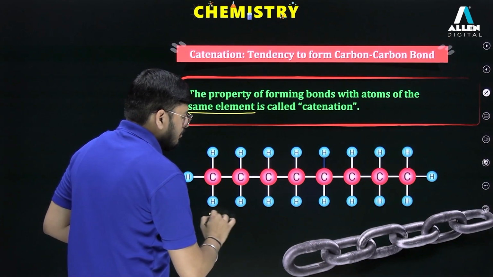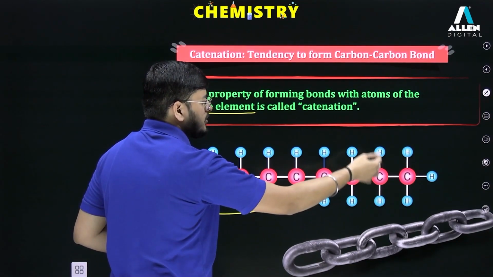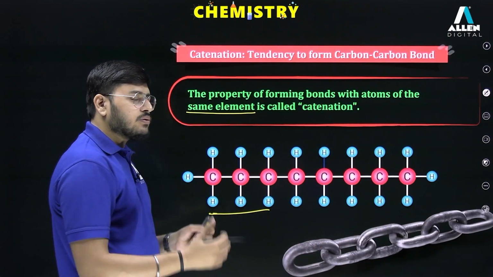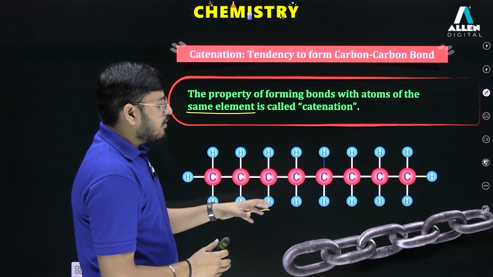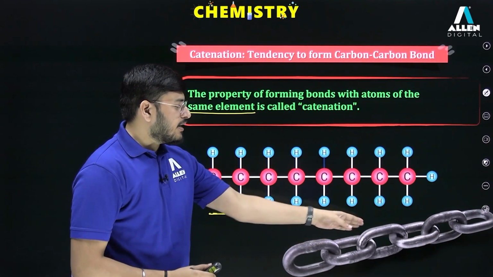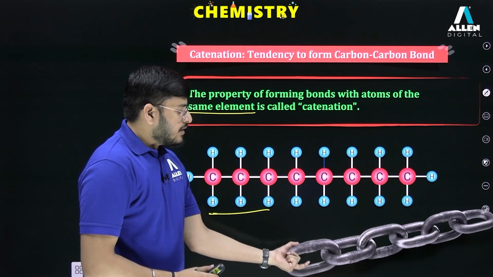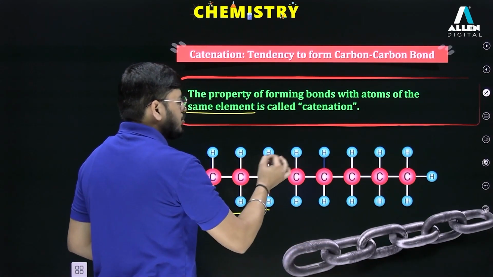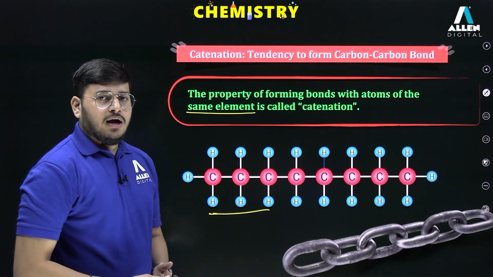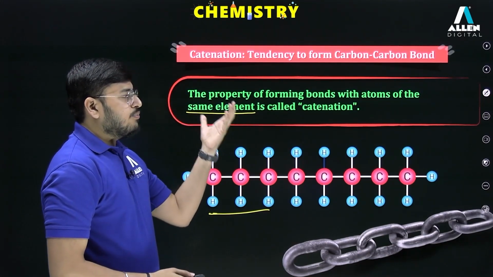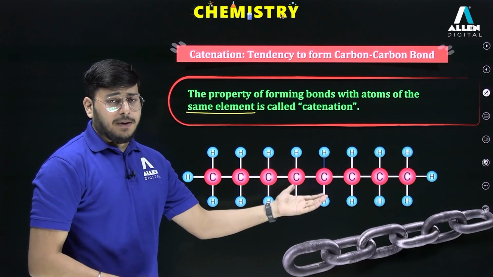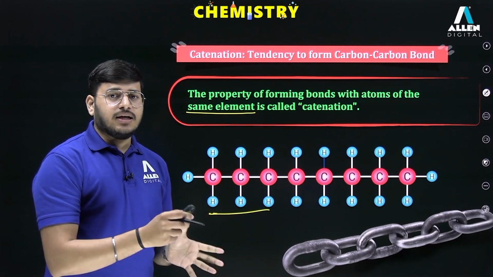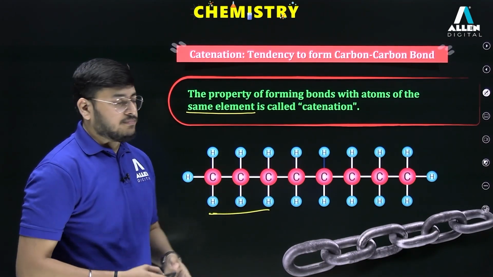The chain can be of 3, 4, 5, 6, 7, 8 and so on. So this property is called catenation, like the chains being connected. One ring is connected with another one, likewise one carbon is connected to the others. The same is the case in carbon compounds, and that property is called catenation.